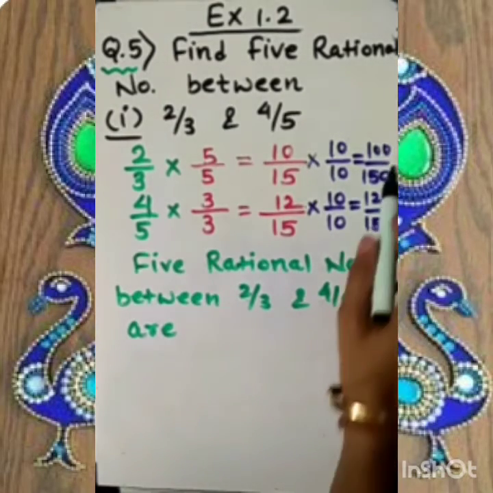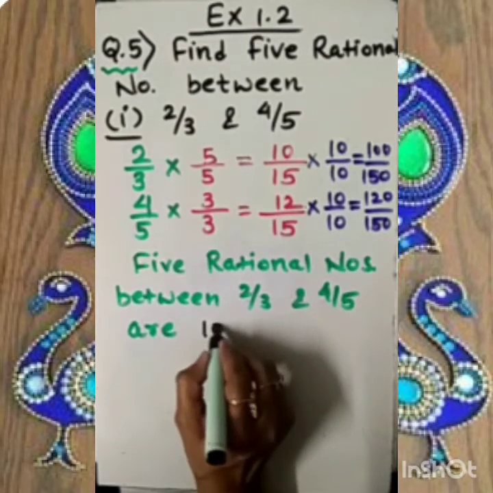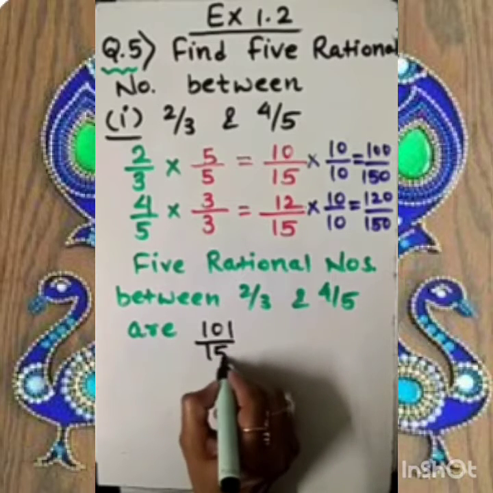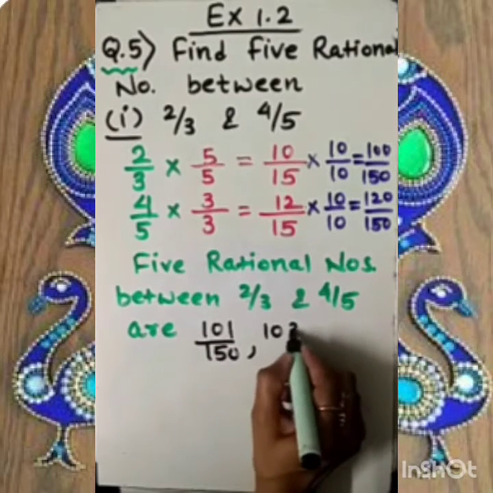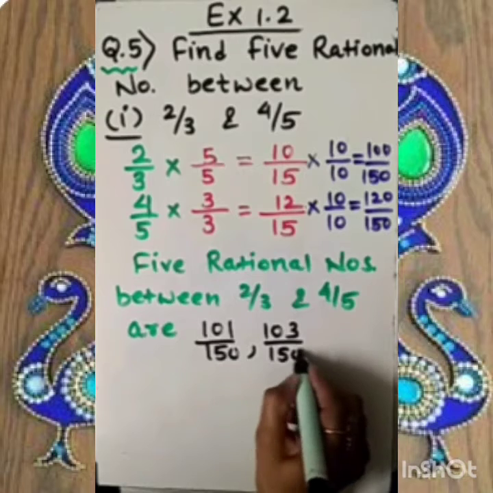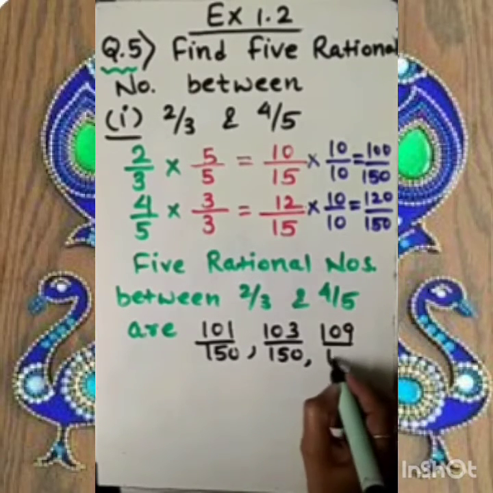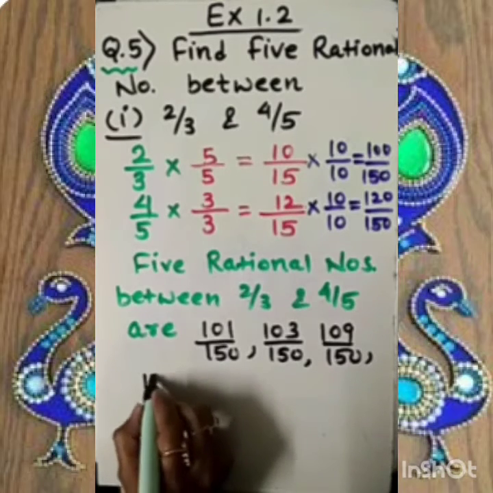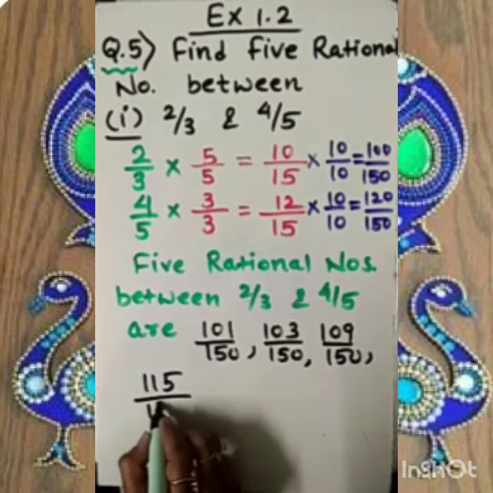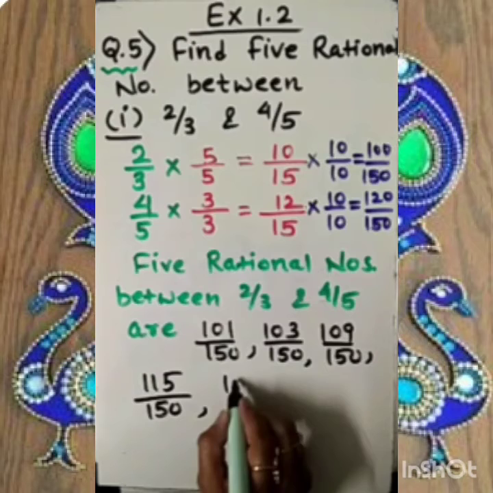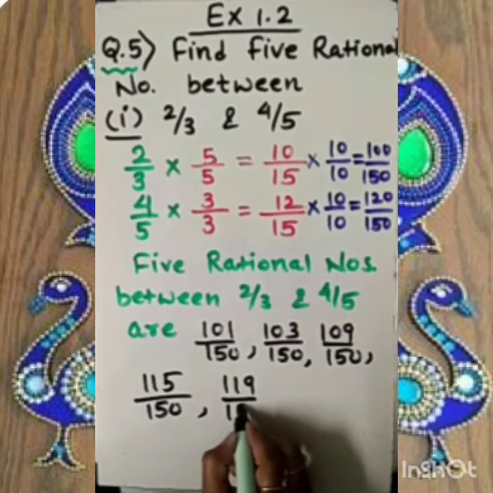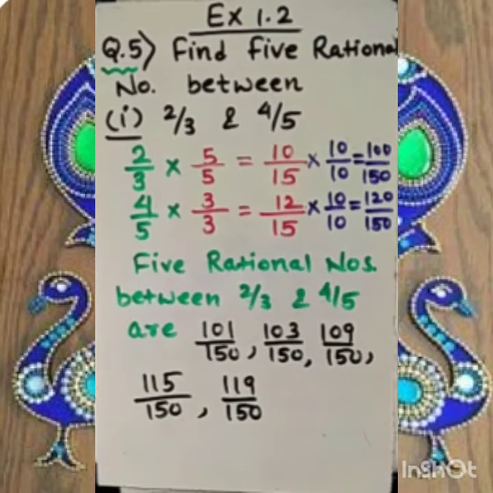We do not have to calculate immediately after 100. 101, then 103. Randomly I am choosing. Suppose 109 I am choosing. Then 115. Randomly I am choosing any number. And 119 upon 150, because the last is 120 upon 150. Fine. So I have chosen any 5.